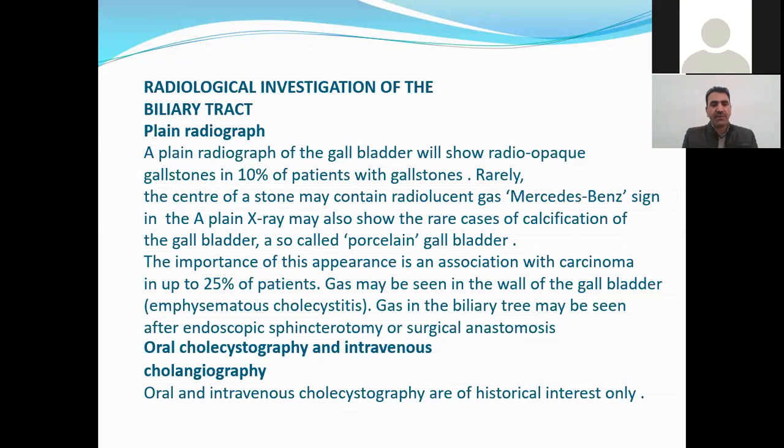The importance of this appearance is an association between the porcelain gallbladder and carcinoma or malignancy in up to 25% of patients. Gas may be seen in the wall of the gallbladder, called emphysematous cholecystitis, shown by X-ray.